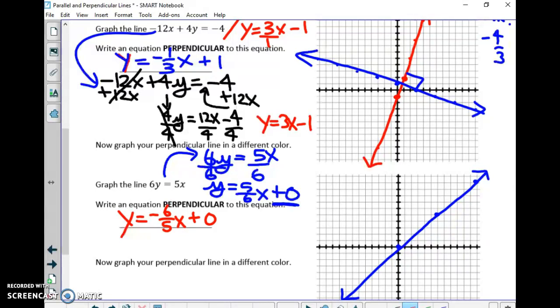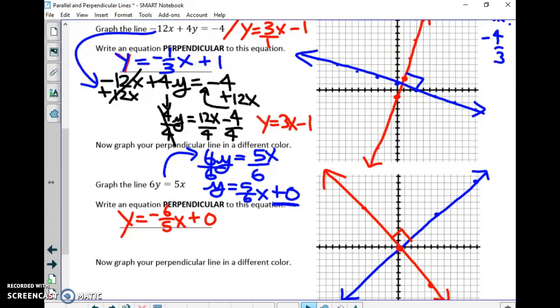So the same thing, plot b at 0, and then we're going to rise -6, so we're going to go down 6 and run 5 to the right. So our slope is down 6, 1, 2, 3, 4, 5, 6, run 5, 1, 2, 3, 4, 5. If you do it correctly, you should get a nice perpendicular line making a 90-degree angle, okay?